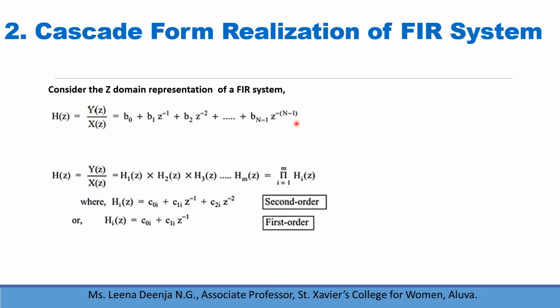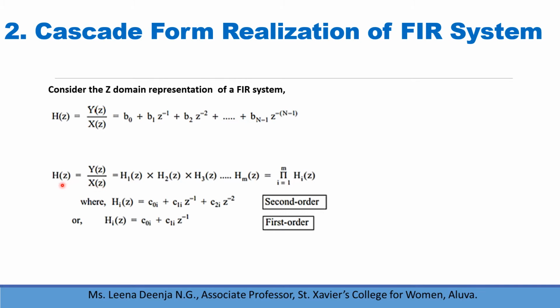This transfer function is an (N minus 1)th order polynomial in Z. This polynomial can be factorized into first and second order factors, and the transfer function can be expressed as a product of first and second order factors.